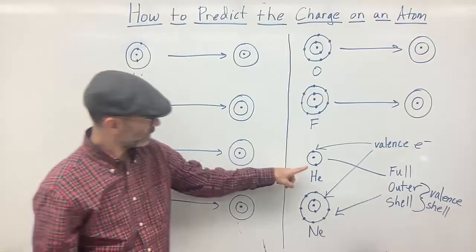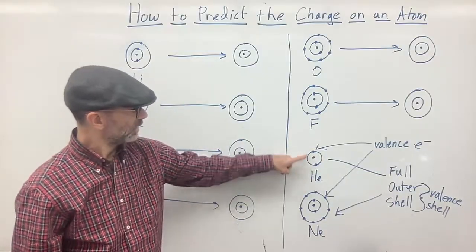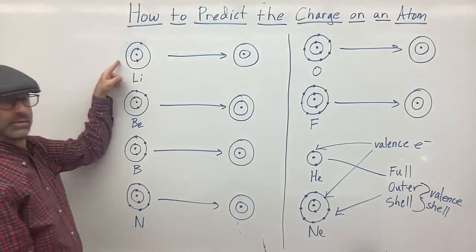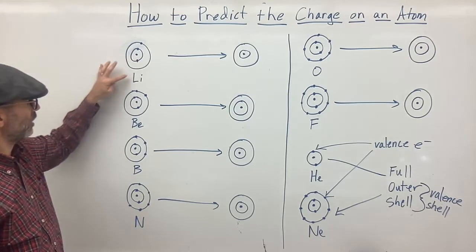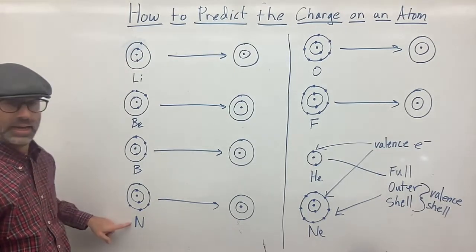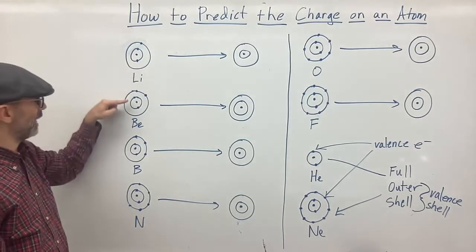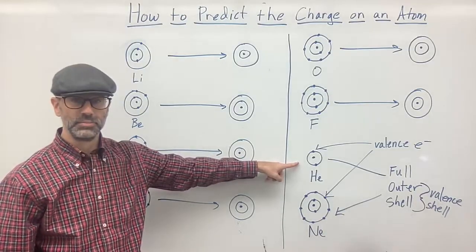You'll notice that the shell here for helium has 2 electrons. And you'll notice the inner shell of lithium, beryllium, boron, and nitrogen all have 2 electrons in that first shell, just like helium.